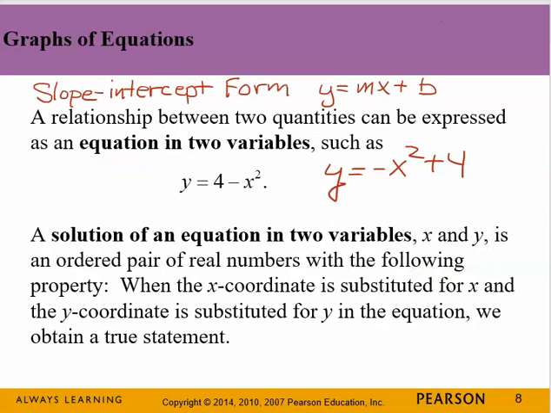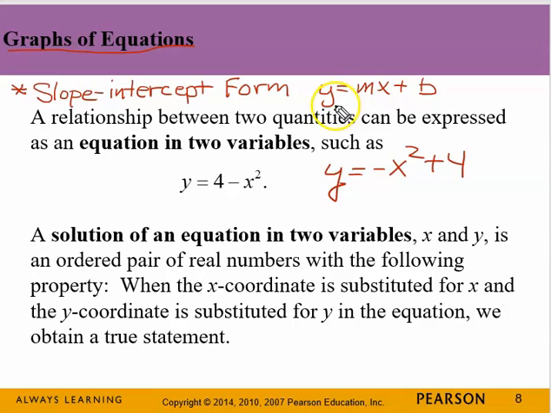This next slide goes over graphs of an equation, which is background information I'd like you to write and put a star by. And in graphing, we think of special forms of things. This one is called slope-intercept form.